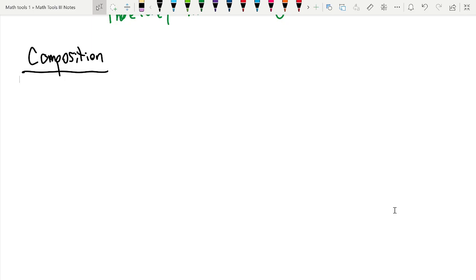So I don't really want to talk about composition too much because there's not a lot more to it than what we already talked about in Math Tools 1. And I think we already saw how powerful composition is, which, basically a lot of different functions can be thought of as a composition of two functions. We saw that with the transformations of the graphs and of course in inverse functions as well.